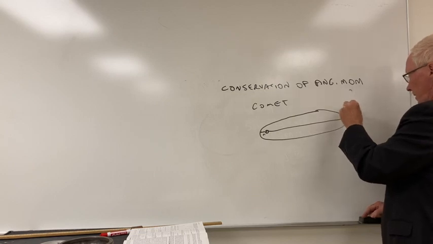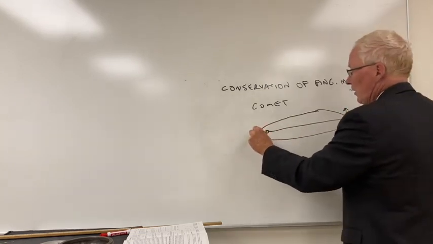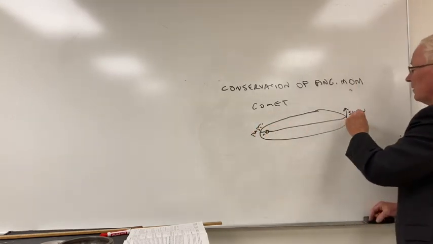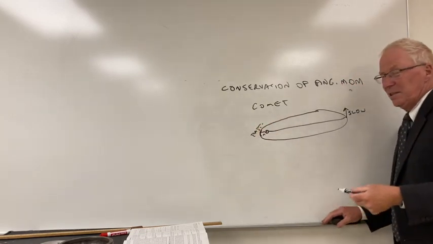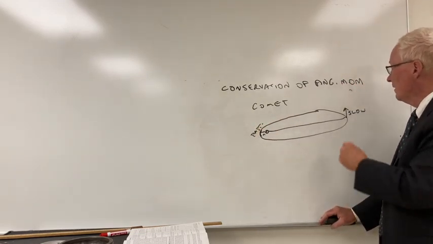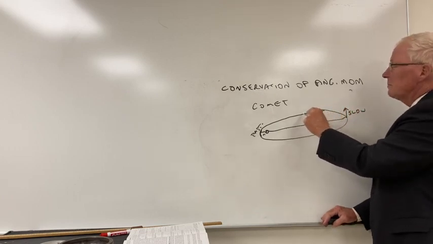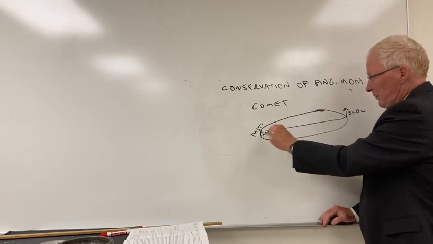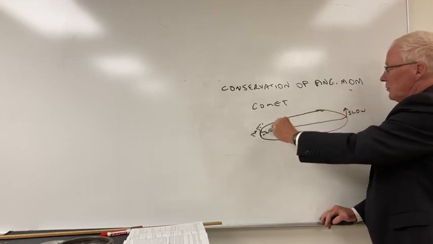So the speed way out here is slow, but when it goes around the sun, it goes very quickly. So long period comets, like Halley's Comet, which goes out to Uranus, spend most of their time way out around the orbit of Uranus, but then when it comes in every 76 years, it comes around very quickly, only spends a few weeks and zooms back out again.